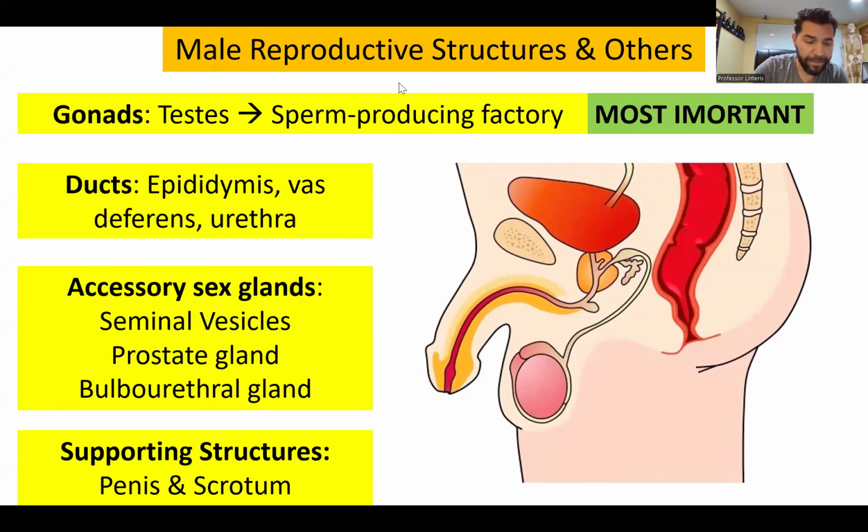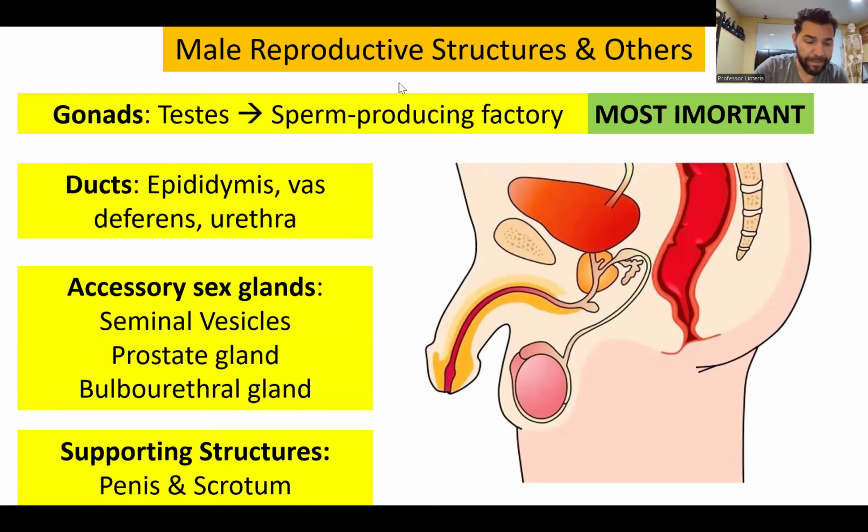Looking at this, we have, let's see where it is, testes, aka gonads. The testes in general, I'll go with the red because it's a little bit brighter. The testes in general serve a couple purposes, but primarily today we're going to talk about them for testosterone production and sperm production, right?